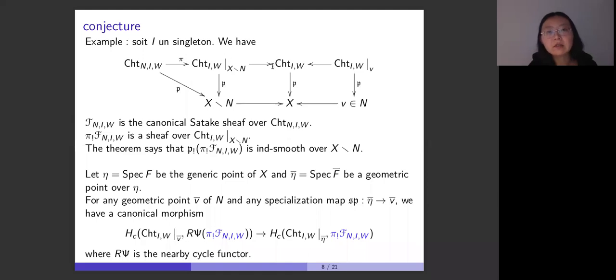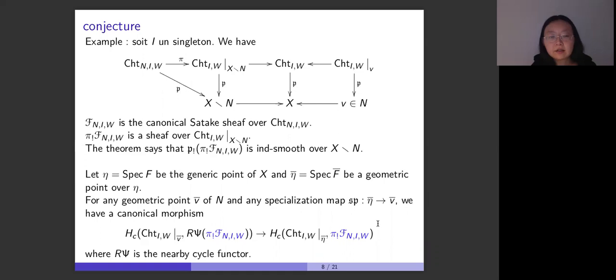So our sheaf is pi exclamation F_{I,W}, and we have nearby cycle on this one. We have a canonical morphism from the cohomology of the special fiber with value in the nearby cycle to the cohomology with compact support of the generic fiber with value in our original sheaf.